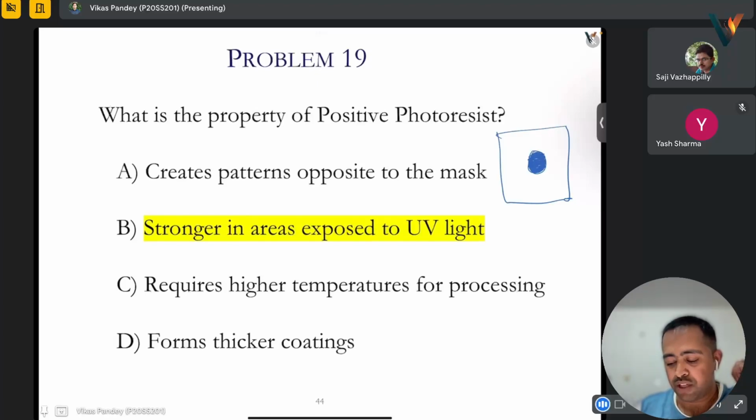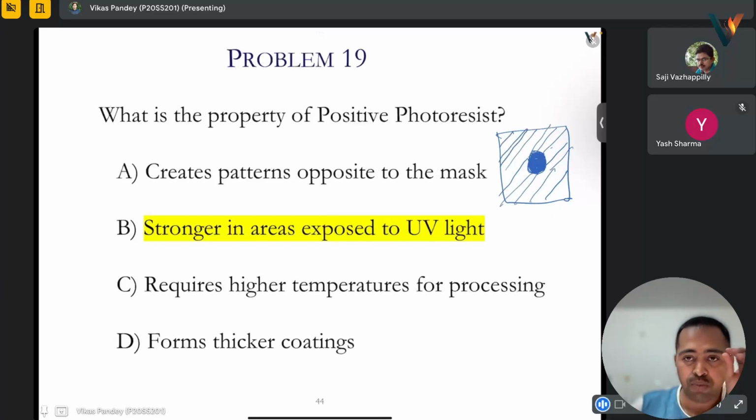So when we expose light over this for a positive photoresist, this area will get stronger, that means stiffer, and will dissolve in the developer. Only the area that was not exposed to UV light will remain.